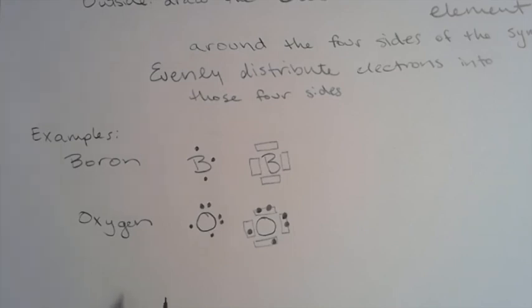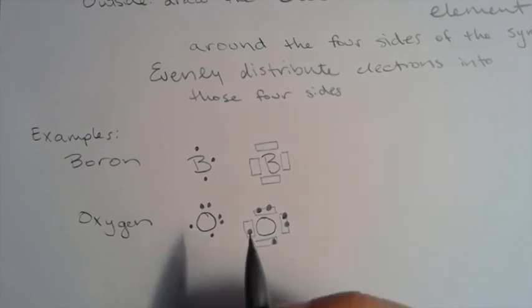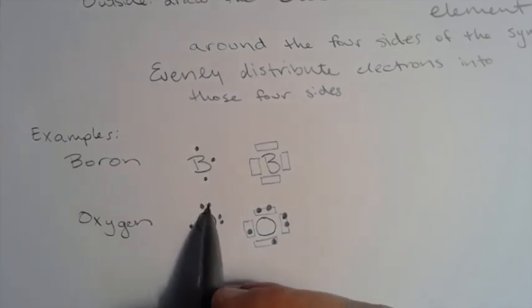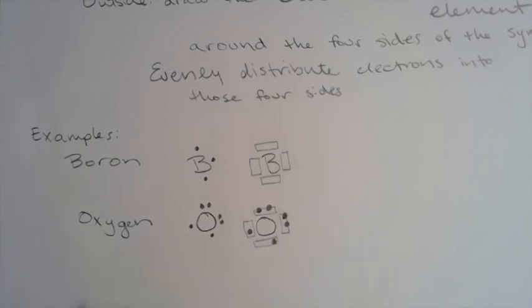Your oxygen atom is 3-dimensional. We'll go deep on that someday. That's not today. This is more balanced than it appears because we had to squash it onto a flat paper. But there you go. There's your 6 valence electrons distributed into your 4 sides. We'll go deep on why there's 4 sides some other time also.